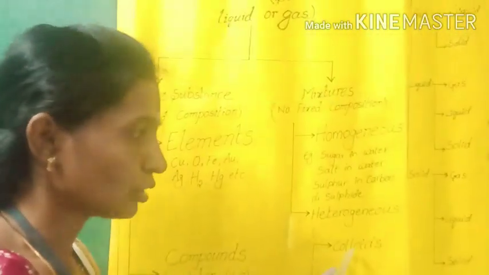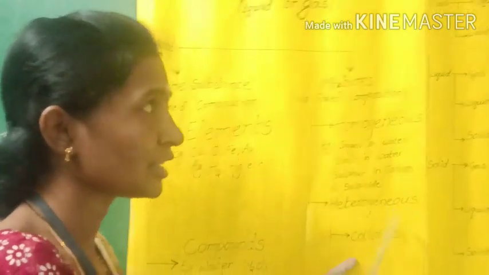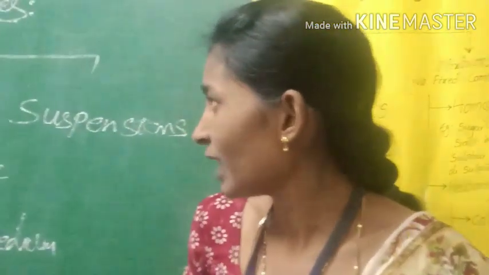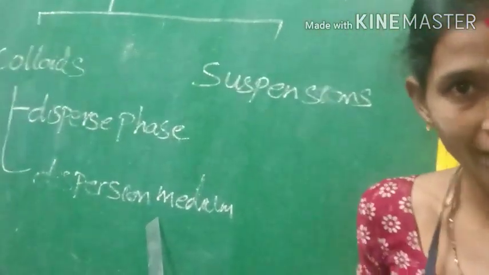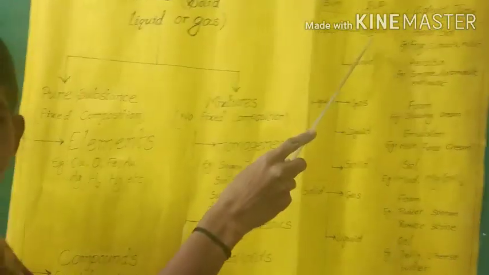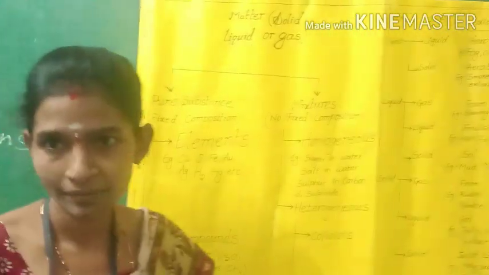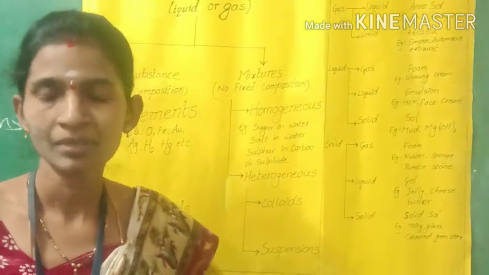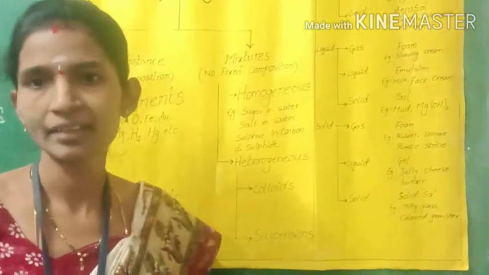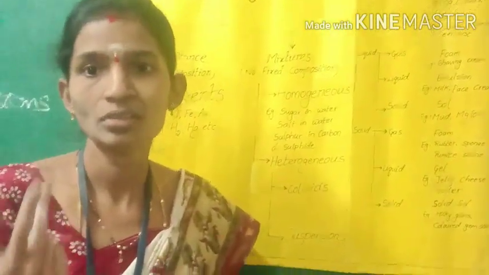In colloids, the two phases are the dispersion phase and dispersion medium. These can be in either liquid state, gaseous state or solid state.